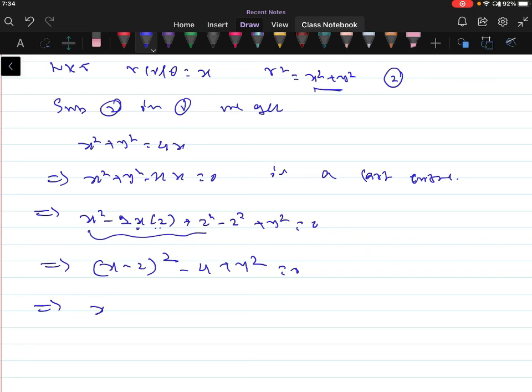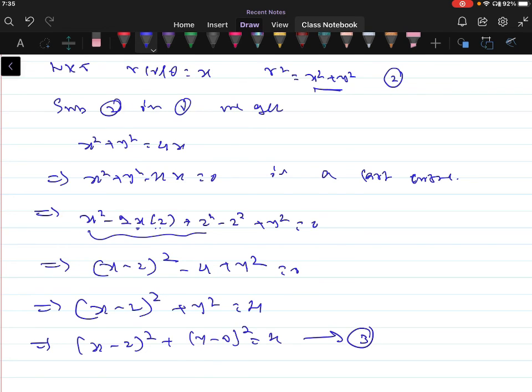So this can be written as x minus 2 whole square plus y square is equal to 4. So x minus 2 whole square plus y minus 0 whole square is equal to 4.